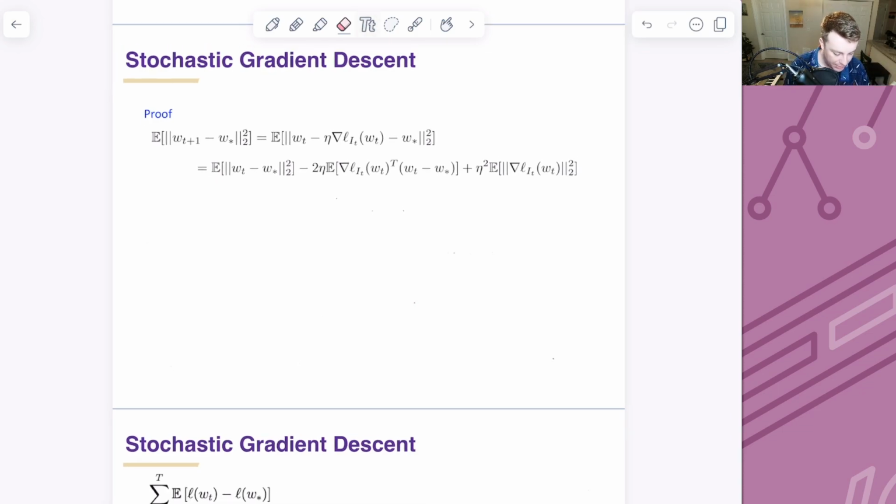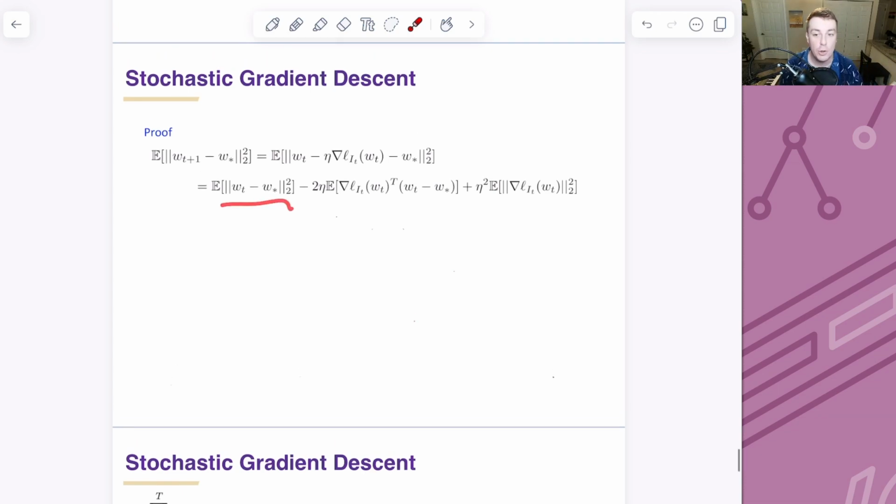So what are the terms that we end up with? Sorry, I should make this more clear. I'm going to group them such that I have w_t minus w star as one term, and then minus eta times the gradient as the separate one. So I have two terms here that I'm going to FOIL out. The first term is just the norm between w_t and w star, so how far away we are at time t.